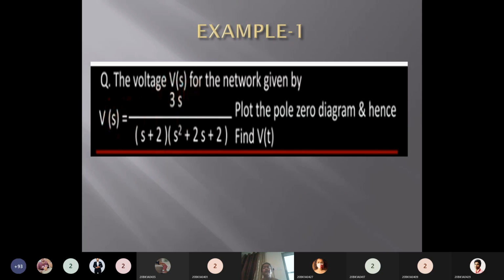Then the college has a good name and a good reputation, maintaining good pass percentages of students, and the stability of the college is good enough.